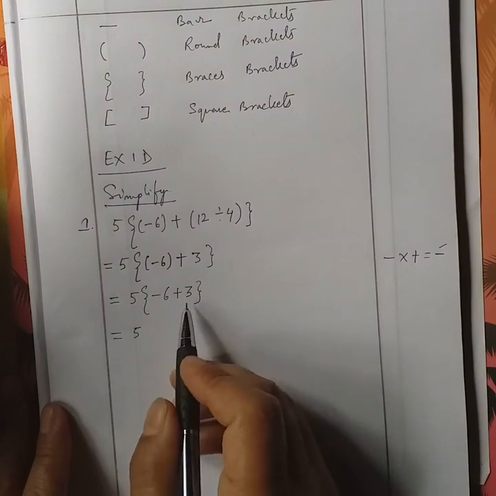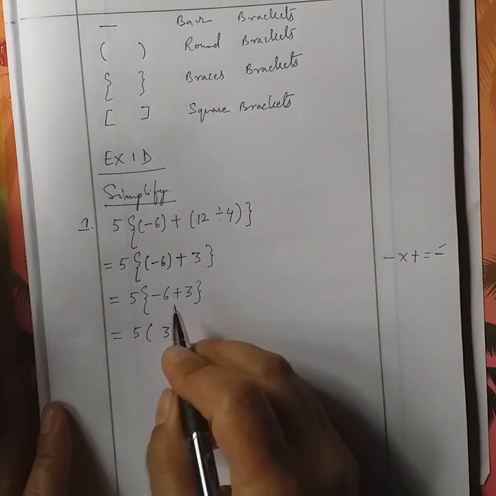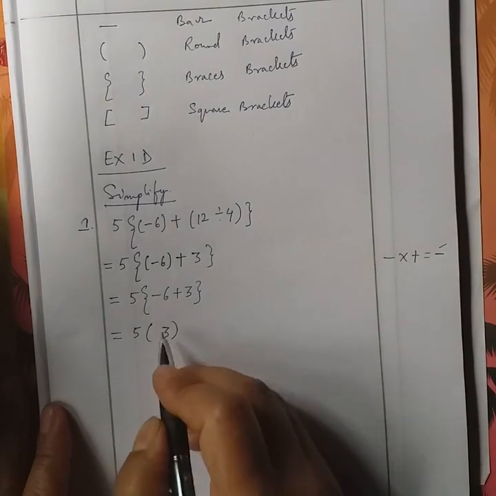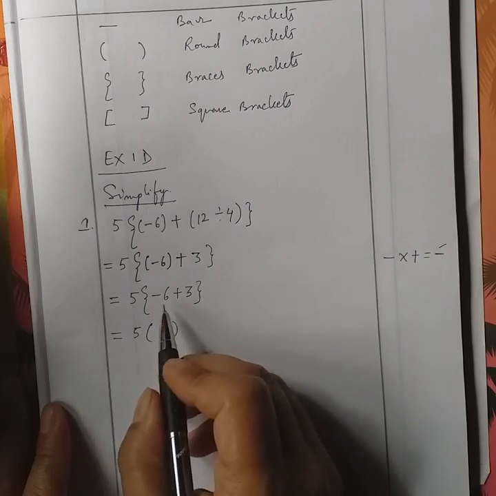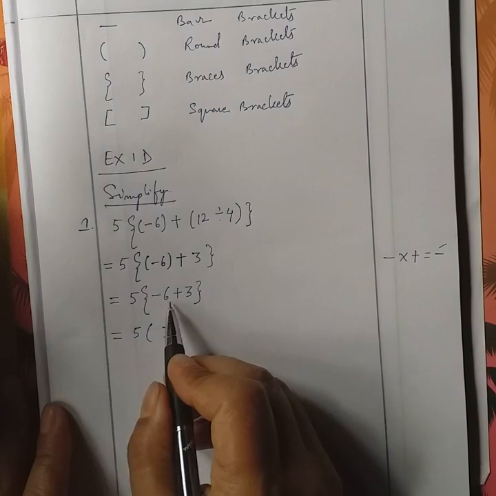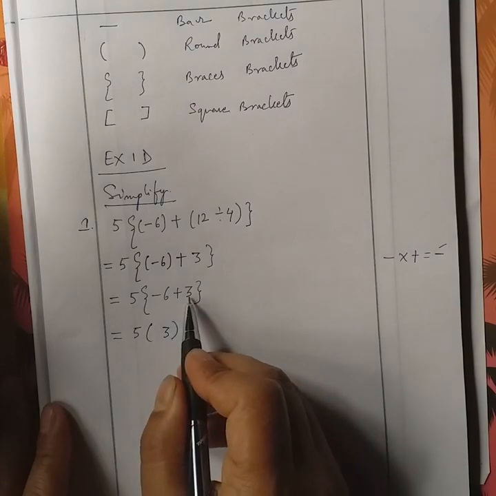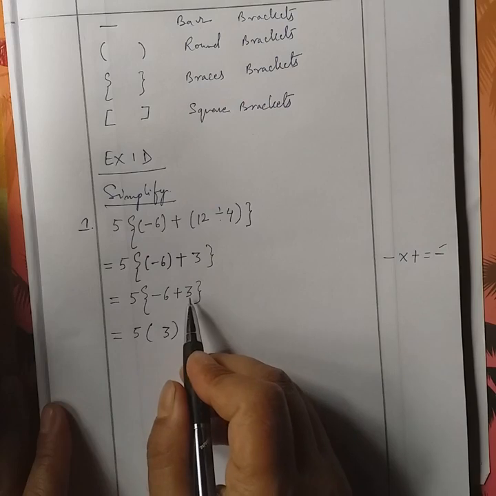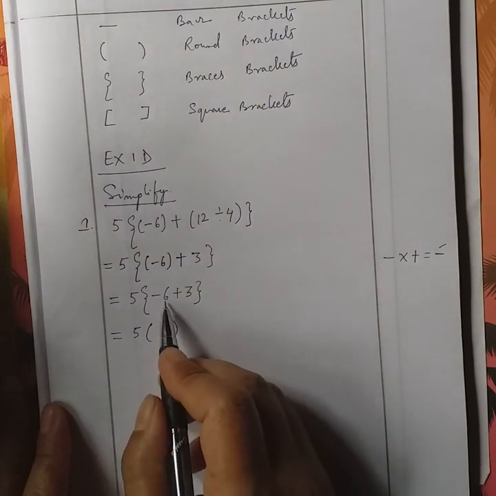So 6 minus 3 is 3. But we will take the sign of the bigger number for the result. The bigger number is 6 if we don't see the sign, isn't it? Along with the sign, minus 6 is smaller than 3, but if we exclude the sign, this 6 is bigger than 3. So while writing the sign of the result, we will see the bigger number.